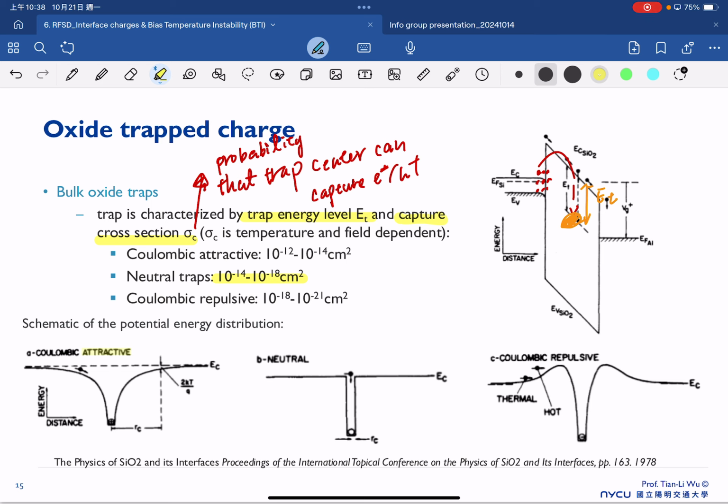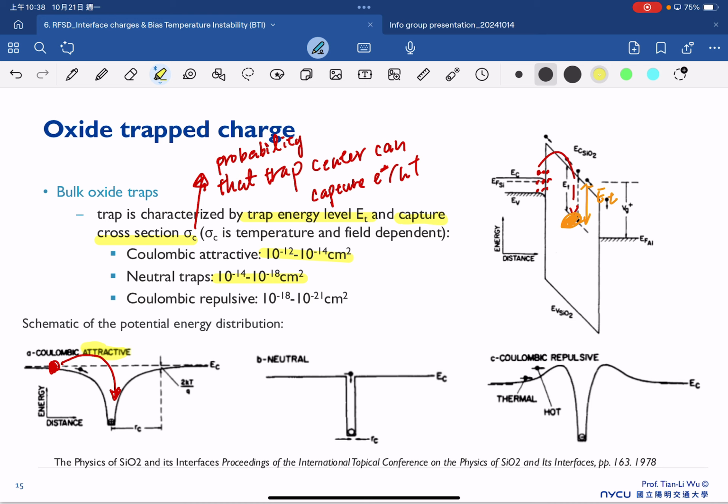The capture cross-section will then have a value between 10 to the minus 14 and 10 to the minus 18. But if the capture cross-section is larger, that means this trap center is attractive, so the electrons here are likely to be attracted to this trap center.